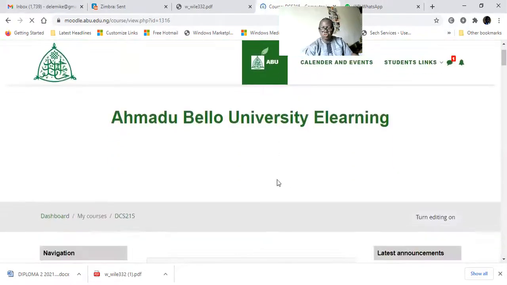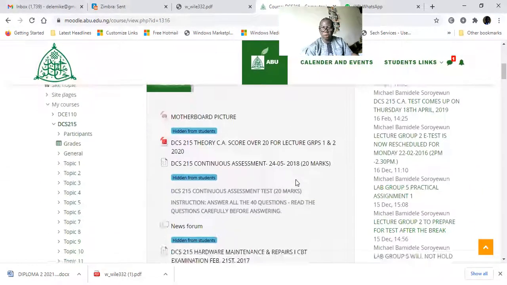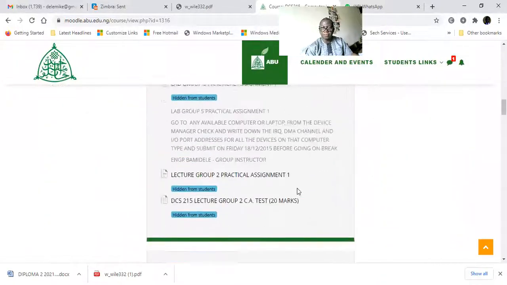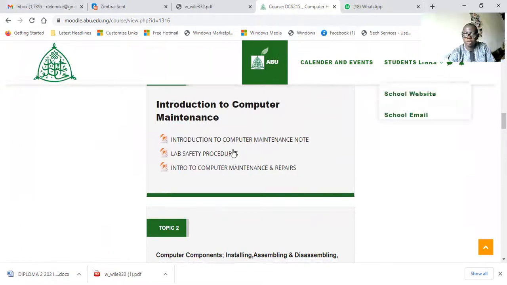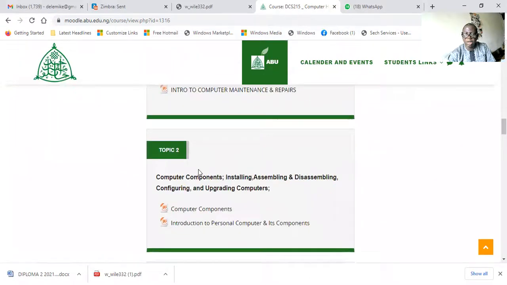I want to just introduce you to the course. We'll be having introduction to computer maintenance. We'll be having computer components, installing, assembling, and disassembling, configuring and operating computers.